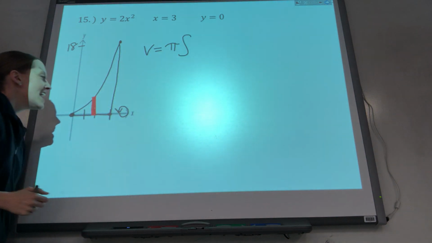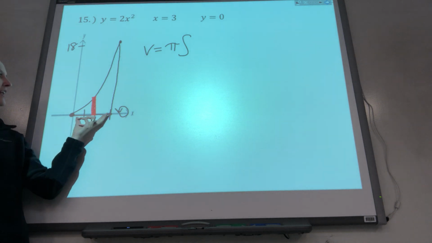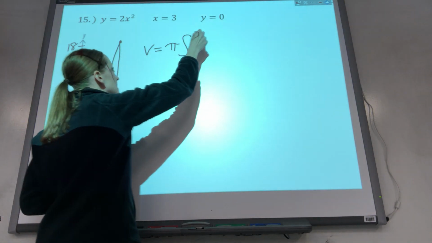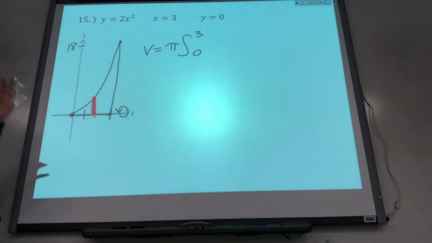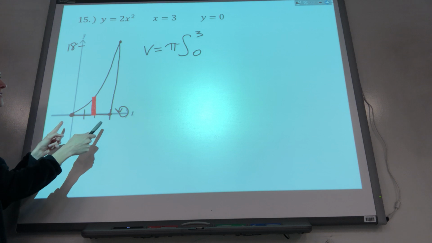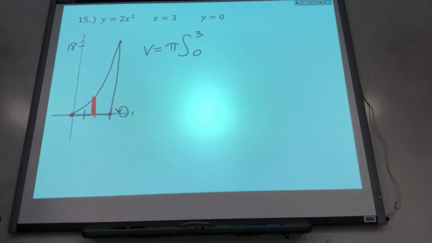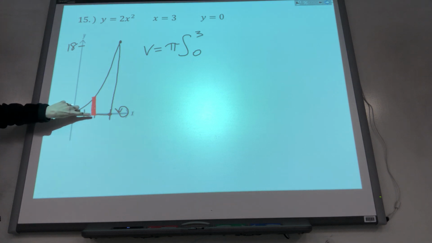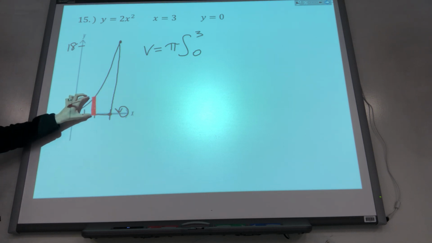Pi, yes. And again, we're integrating with respect to x since we're going around the x-axis. So we're going to pick 0 to 3 for our bounds. And if you look at where the rectangle is, it is right up against the axis of revolution. You don't need the washer method, you only need the disk method.